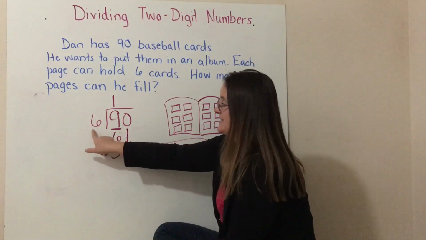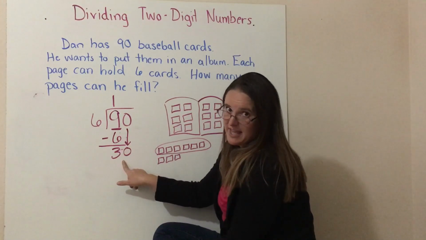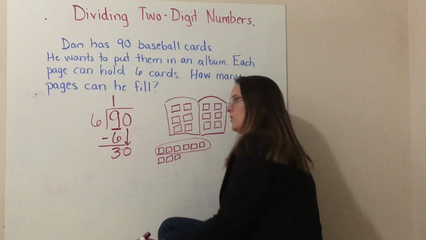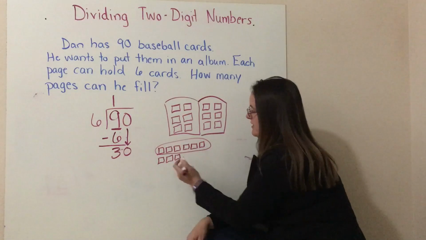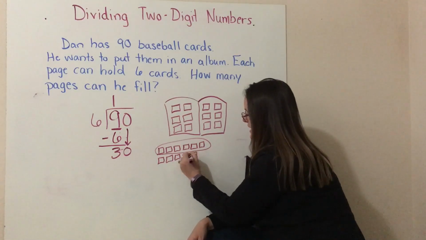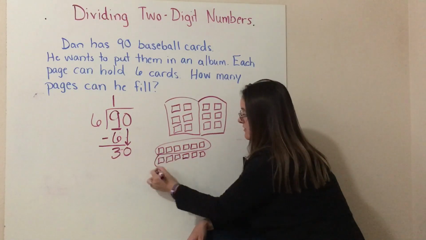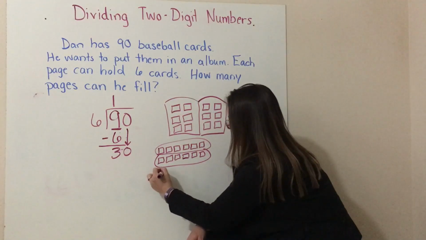So my next step is basically to repeat the process. I divide, I say 6 goes into 30 how many times? Well, let's make some more groups of 6 over here. I have 6. Now I have 12. That's a second group of 6.